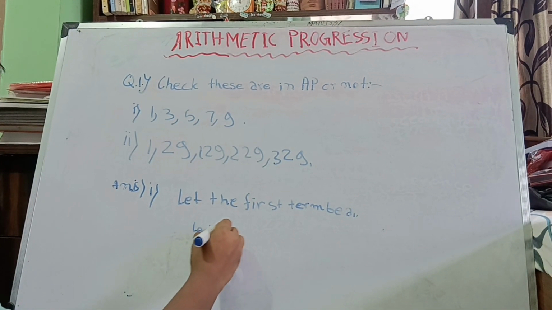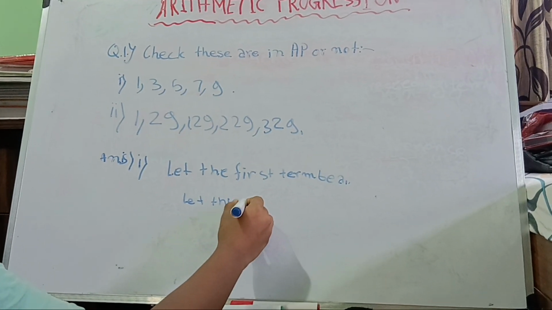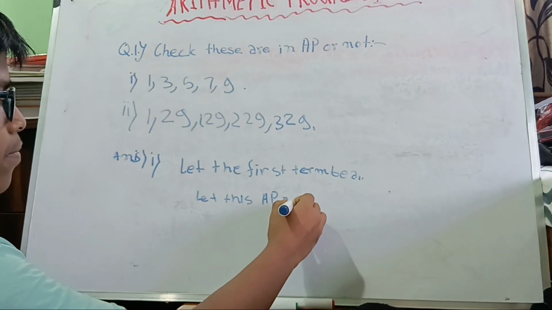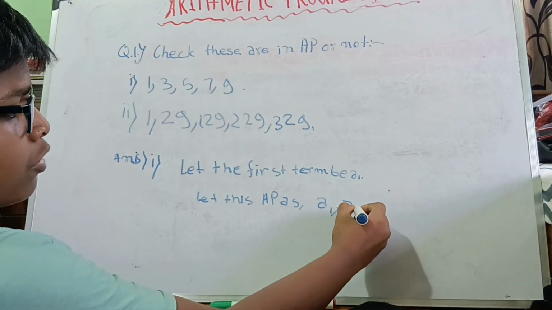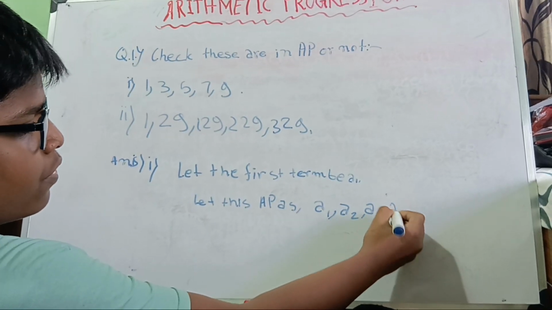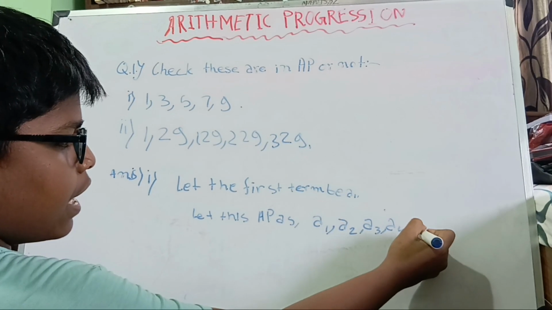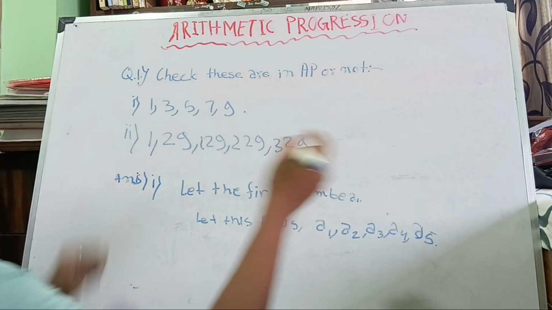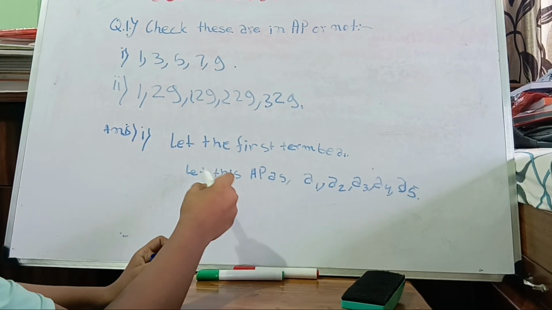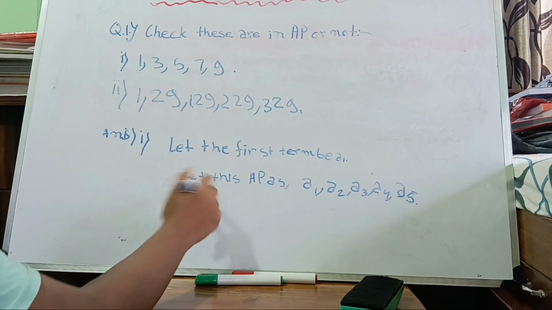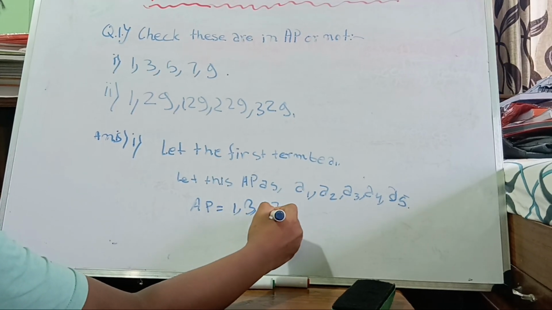Let this AP be a1, a2, a3, a4 and a5. So I have taken this AP equal to 1, 3, 5, 7, 9.